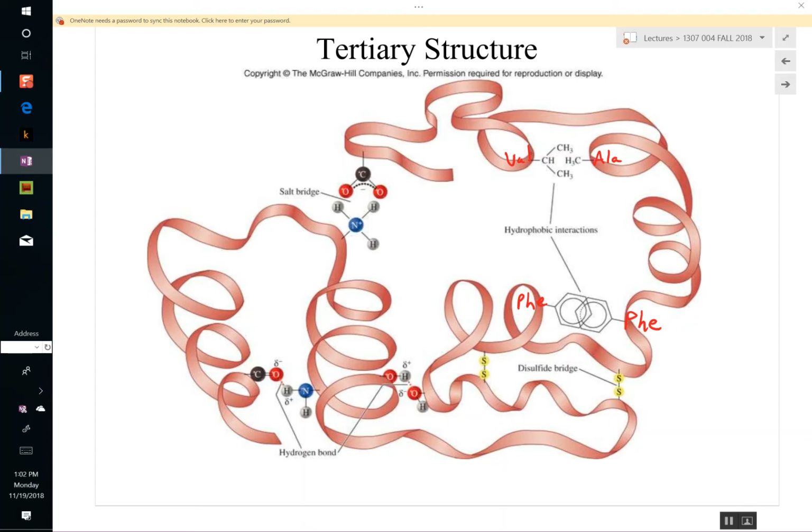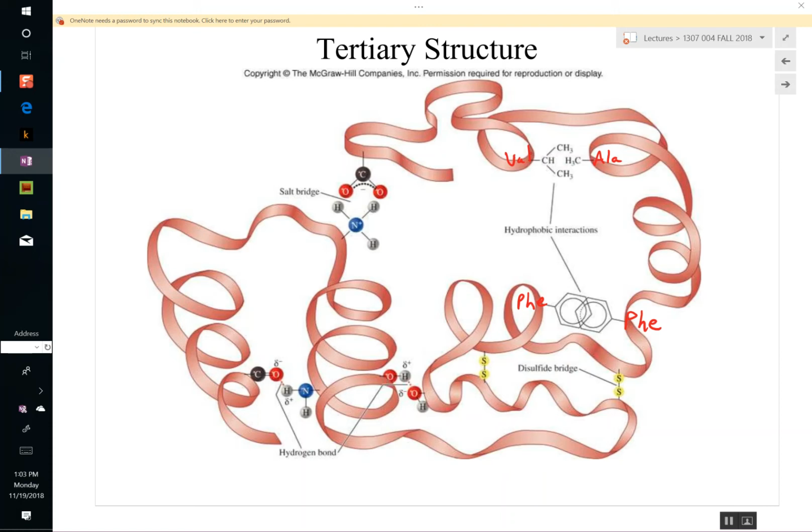The protein is existing in an aqueous environment. So these guys would like to find a nonpolar environment, so they create one between them. They're naturally creating a little bit of a hydrophobic environment right there. Same with the phenylalanines here. So these are hydrophobic interactions. Weak, but still an influence, a weak influence.